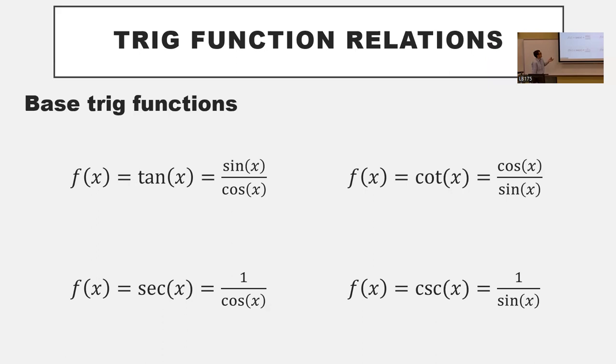And this is going to have ramifications on the graph. Think about what happens when we have zeros for cosine. When we have zeros for cosine, then I'm going to get a 0 in the denominator of the secant and a 0 in the denominator of the tangent. When I have zeros for sine, I'm going to get a 0 in the denominator for cosecant and a 0 in the denominator for cotangent.